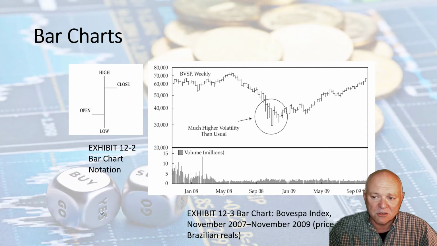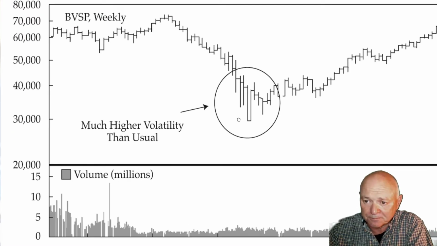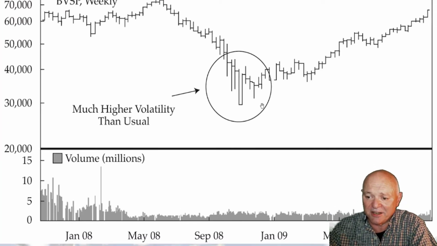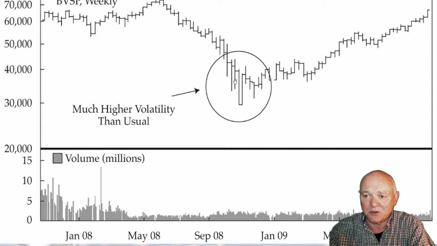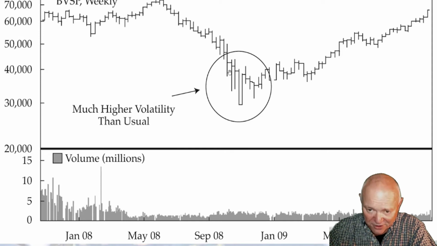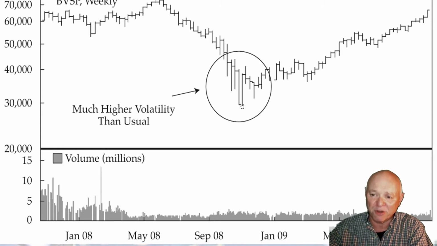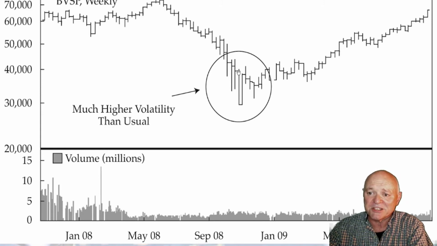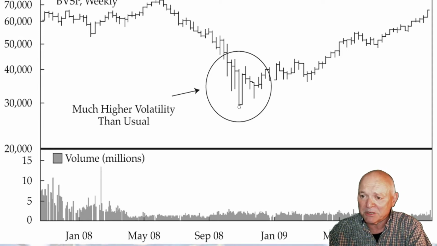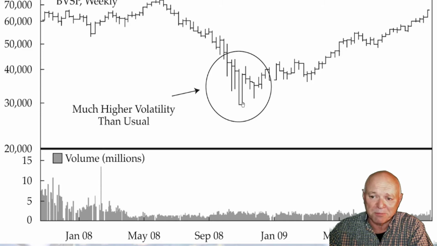If I look, for example, at this day in, I don't know, something like November of 2008, for this particular stock index in Brazil, my opening value for the index was something like 40,000. My closing value was something like 30,000. The price rose at some point during the day to be slightly more than 40,000, but it pretty much finished the day at the bottom because there's no wick.